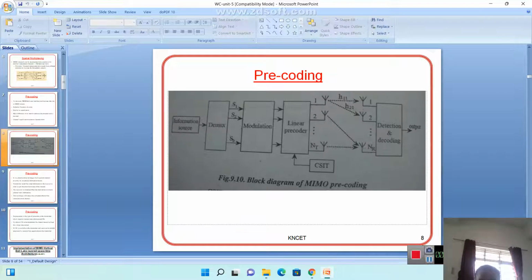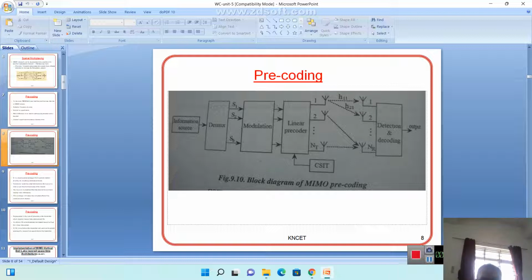Now we are going to discuss the pre-coding diagram. The information source is the input, and it is applied to the demultiplexer. If we give S1, S2, S3 as outputs of the demultiplexer, what is a demultiplexer? One input and many outputs.